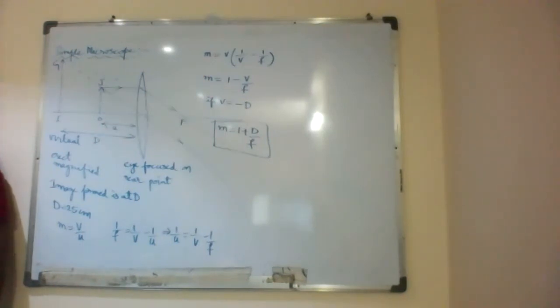Like this also you can read, but it's painful. 7 to 8 centimeters is the near point; it's painful, but still you can see, but you cannot read for a long time. Near point is 7 to 8 centimeter. Least distance of distinct vision is 25 centimeter.